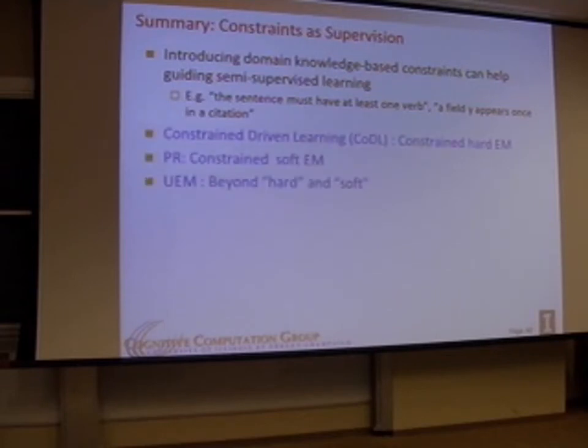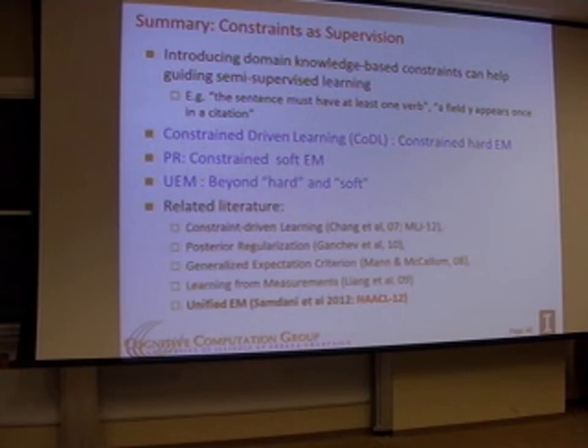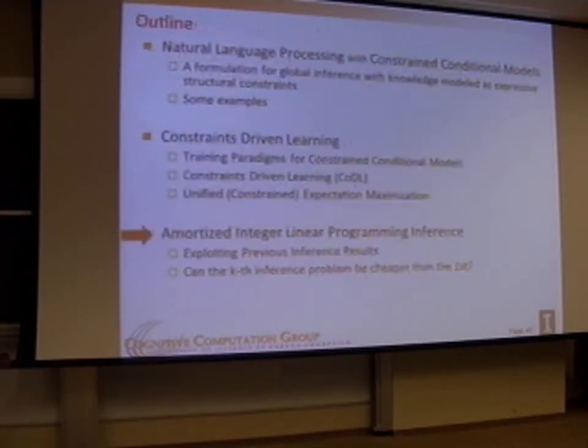So I talked about CODEL and referred also to posterior regularization and UEM. And there's a lot of literature related to this that you can take a look at. Most of it is cited and explained in the UEM paper that was presented in NAACL last summer.